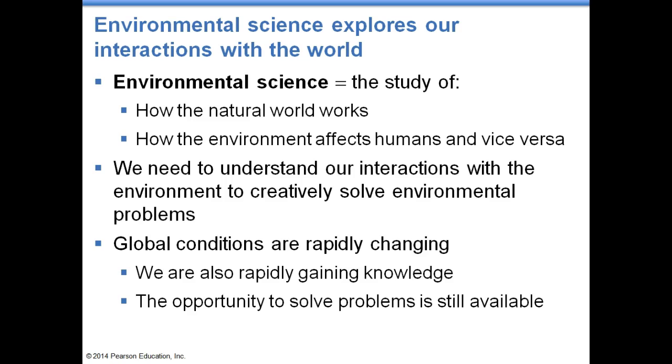All of those have an impact. We need to understand that our interactions with the environment are so important in being able to maintain a healthy future, and that we have a responsibility to that environment. And we need to understand it in order to be able to solve the problems that we're creating.